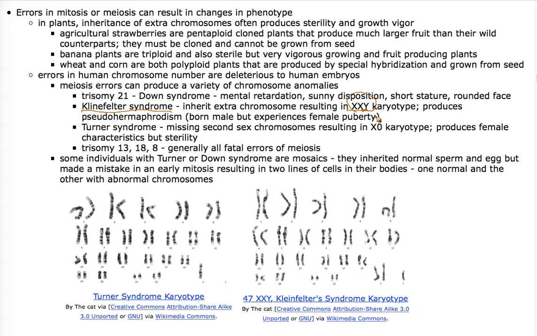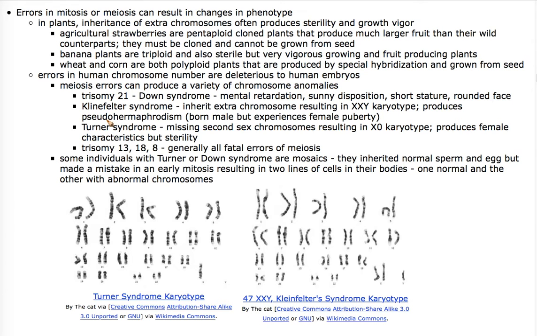They get breast formation, hips widening, body fat deposition, as well as facial hair and some muscle development and a deepening voice and an enlarged Adam's apple. So they call that pseudohermaphrodism, or some people just call it hermaphrodism, but those folks actually don't have a penis and a vagina. They have normal male primary characteristics, but they get female secondary characteristics. So that is one of the chromosome anomalies that's survivable with humans.